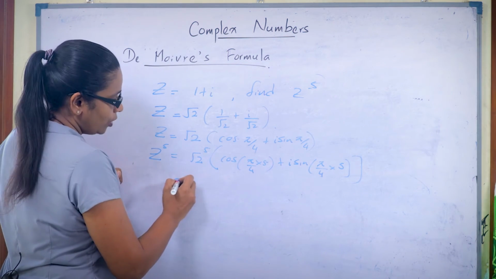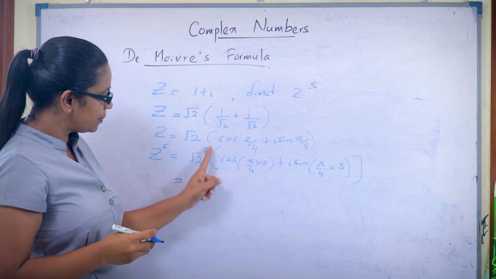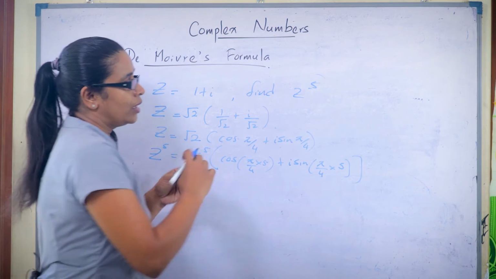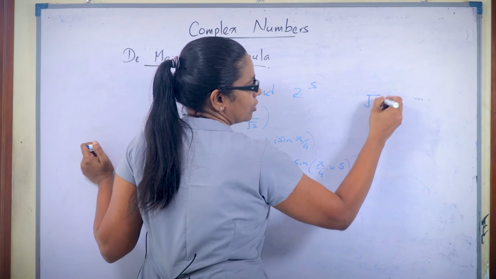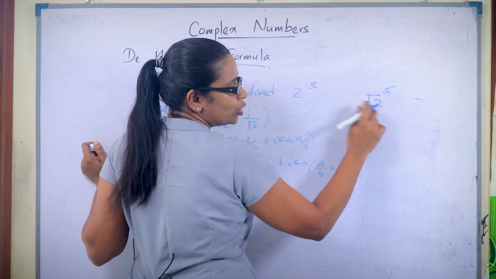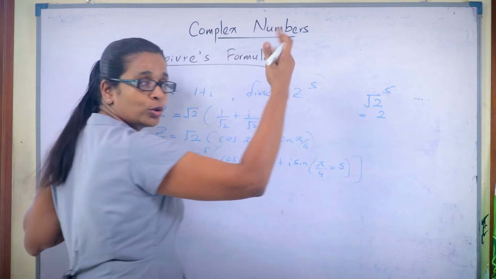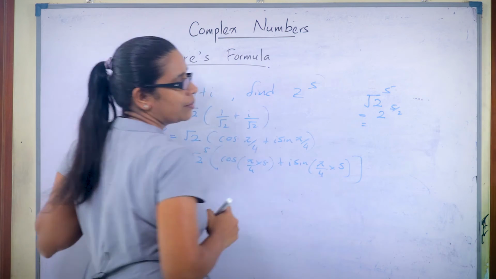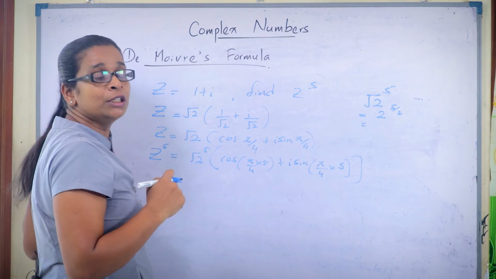Okay. Now look at this one. You have to simplify this one. There's a power for root 2. Now, root 2 raised to the power 5. Root 2 you can consider as 2 raised to the power half. So this is the same index, 2 raised to the power 5 over 2.